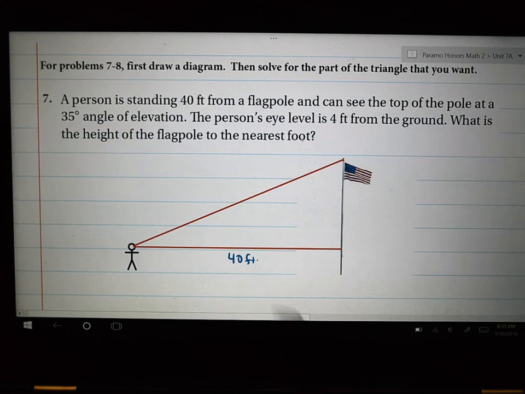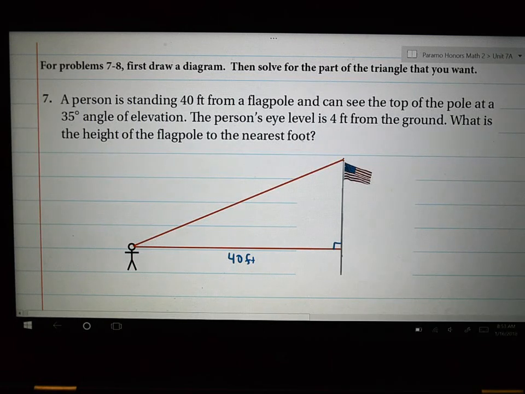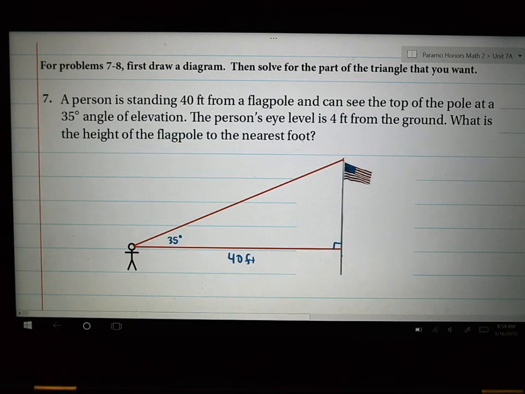From the person to the flagpole, 40 feet. It's always measured as a perpendicular distance, so we should know that as well. And you can see the top of the flagpole at a 35-degree angle of elevation. What does that mean? That means from horizontal up. 35 degrees goes there.